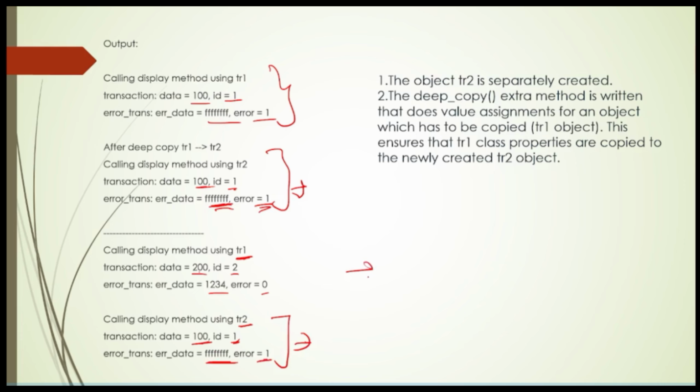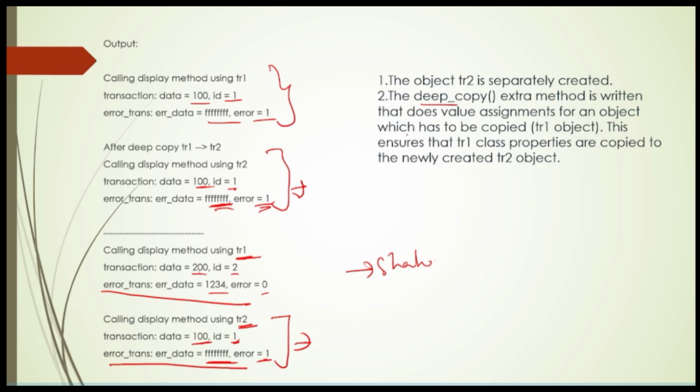But in the shallow copy, what happens? Any change, either by using the tr2 handle or the tr1 handle, will be reflected in both for this particular object. Is it or not? So this is the difference between shallow copy and deep copy. As I told you, in deep copy an extra method with the name deep copy is written. Within this deep copy, you assign all the values word by word, variable by variable.